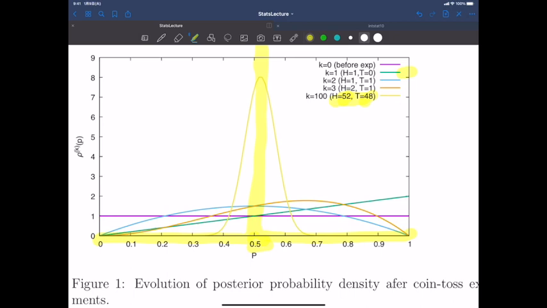So in this way, as we gain more experience, meaning we carry out more and more experiments, we can update our knowledge about the phenomenon. And that's what's nice about Bayesian inference. As new data come in, we just update our knowledge one by one.